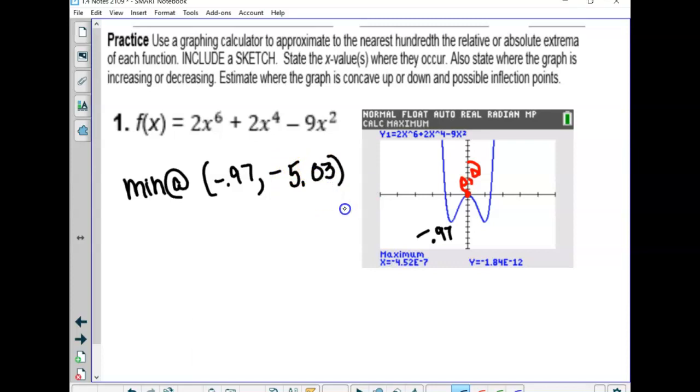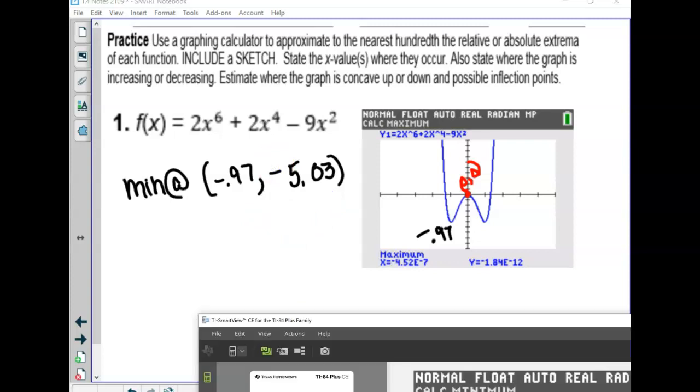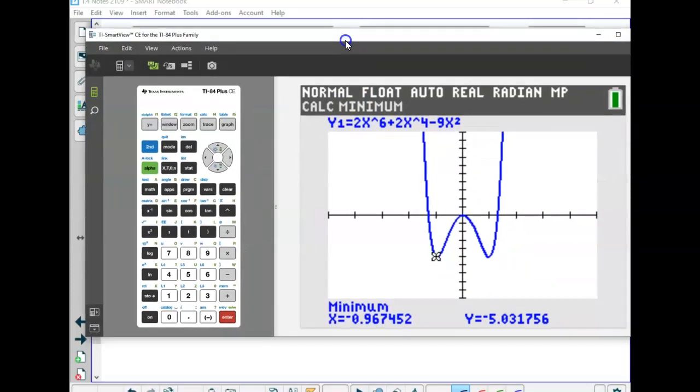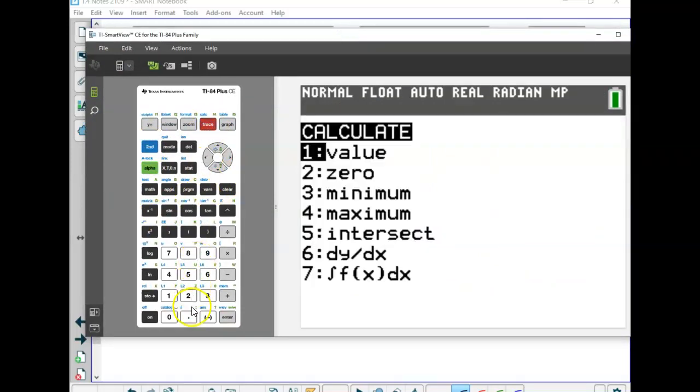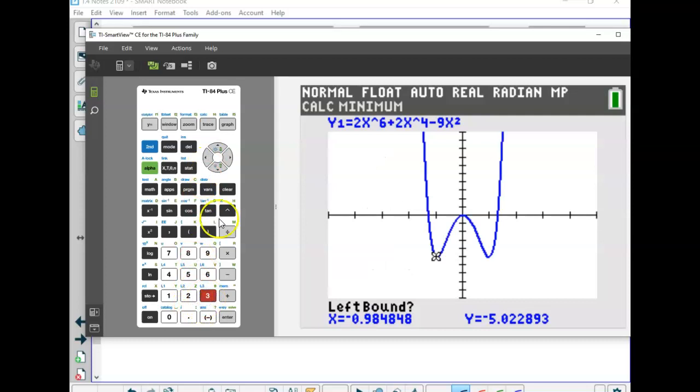And is there another minimum? Okay, I'm going to find the other one. Now, I purposefully, on my picture, only wrote the x value. There is another minimum over here on the positive side, somewhere between here and here.